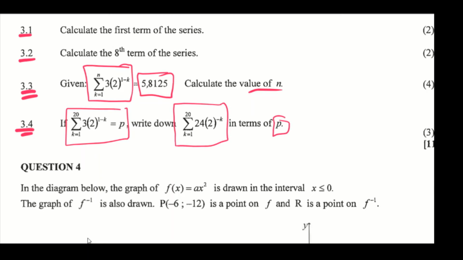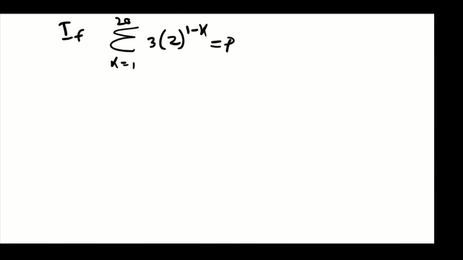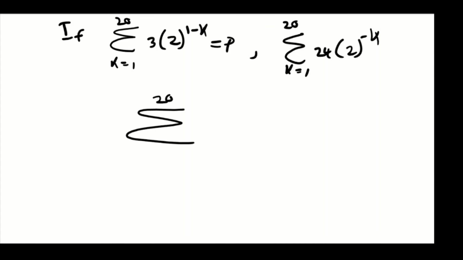So we are told that if the sum of 20 terms, k equals 1, of 3 into 2 to the power of 1 minus k is equal to p, then we must write the sum of 20, k equals 1, of 24 into 2 to the power of minus k in terms of p.